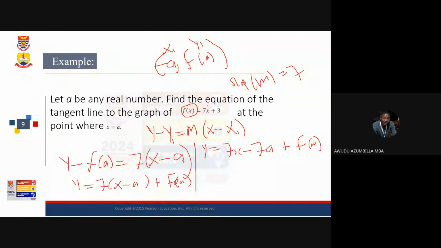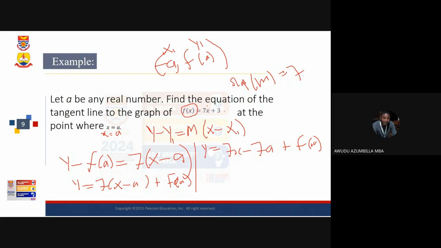And we are also stating that our x here is equal to a. So it tells you that wherever you see x, you put a there.